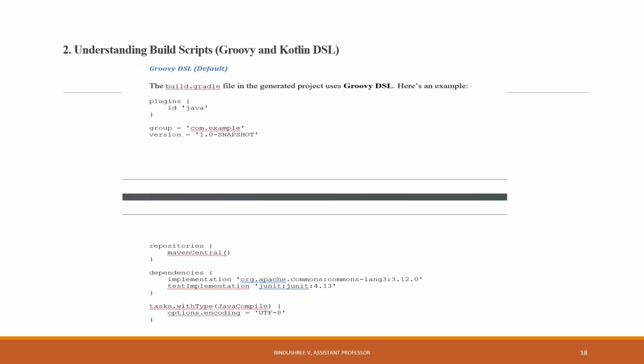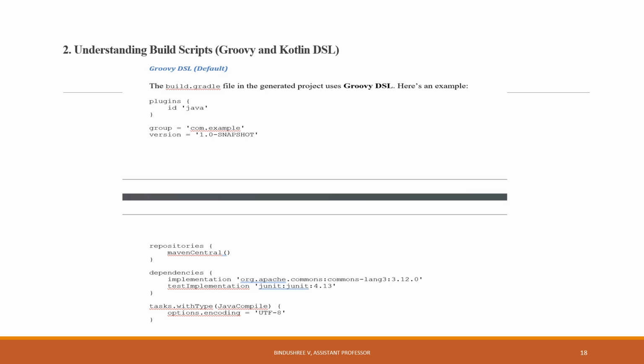In this example, by default the domain specific language allocated to us will be Groovy. If you open build.gradle, you can see the plugin called java, because we want to run a Java project.